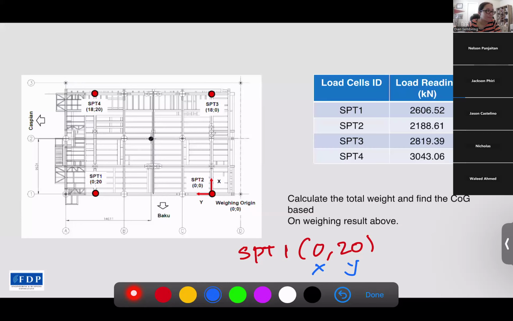It will show the same COG. So the table shows the load reading for each support, SPD1, SPD2, 3, and 4.